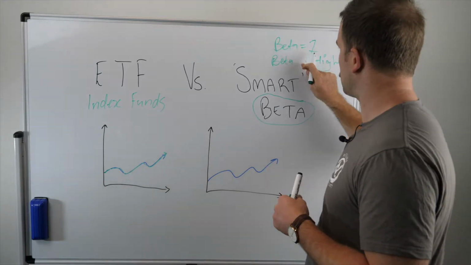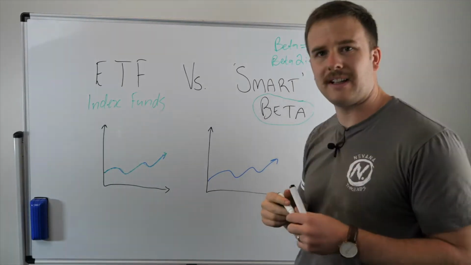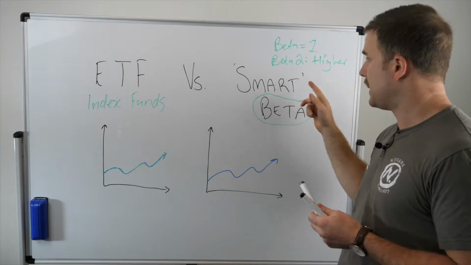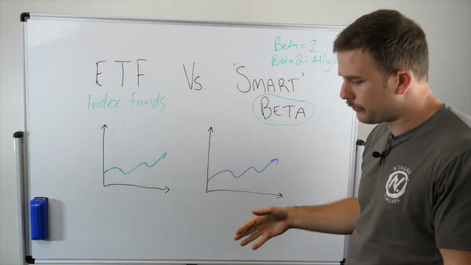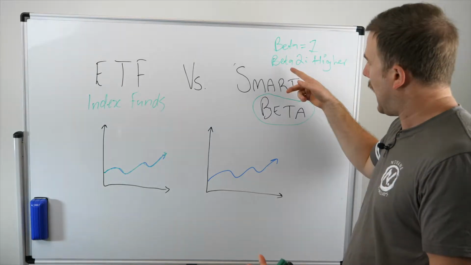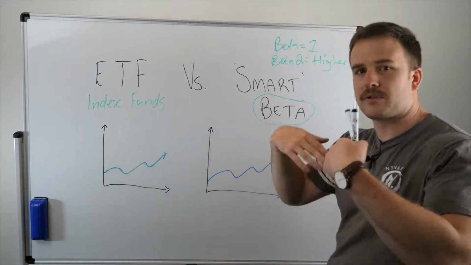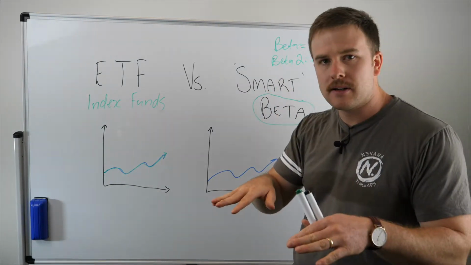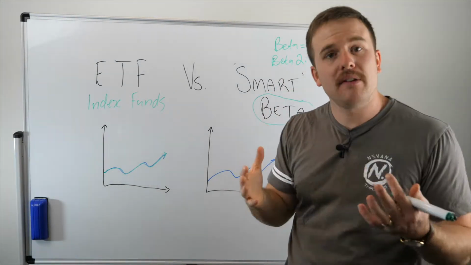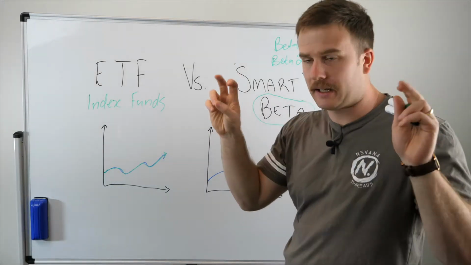If it's got a beta of 2, it's a higher risk weighting. So if the market fell 5%, a beta of 2 would mean that it falls 10% or twice as much, so it's a higher risk rating. And if it's got a lower beta, say a beta of 0.5, that's only half the risk of the market.